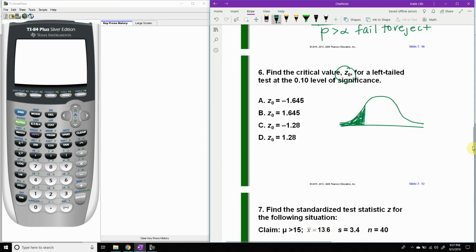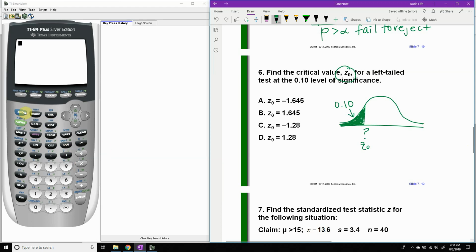And I'm going to put that entire level of significance down here in the left tail. So that area is going to be 0.10. And I want to come up with the critical value Z0 that does that. What z-score would trap 10% to its left?